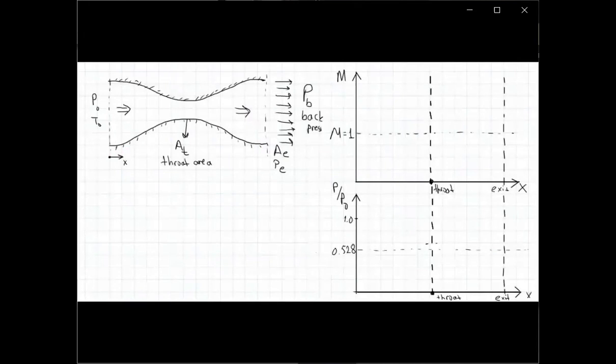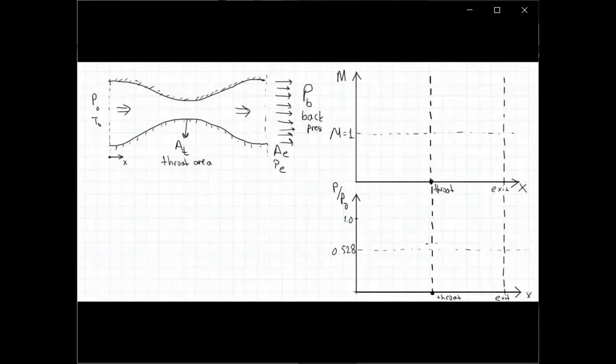That's the actual pressure in the environment after the nozzle. When the flow is subsonic at the exit, generally PB, the back pressure, is equal to the exit pressure. But when the flow is supersonic, the story can be a little different. So we will talk about this.